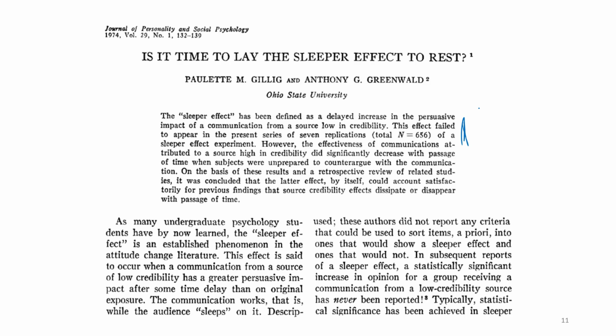I mean, it was not that easy to collect data back then, but Tony Greenwald and his student went out and they found 7 replications, over 600 participants in these, looking at the sleeper effect, which is that you get more persuaded over time after you've received a message from a non-credible communicator. And basically, they found null evidence. So poor Tony tried to replicate a classic study and couldn't do it.